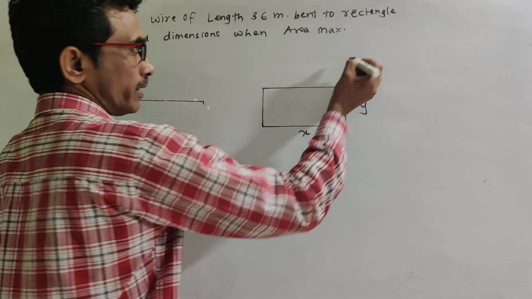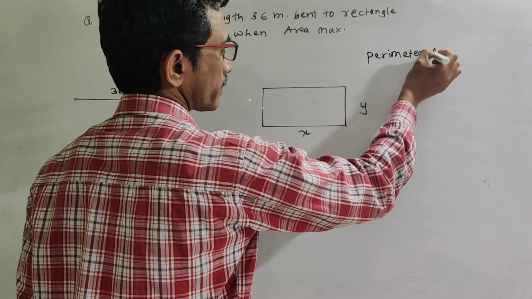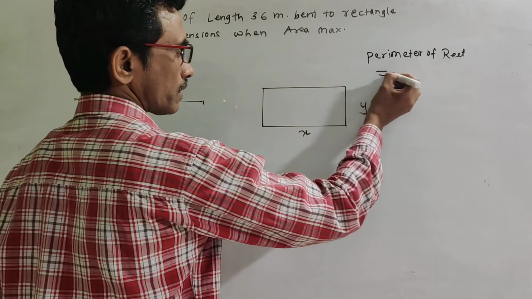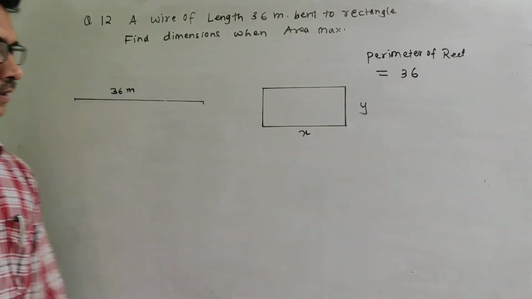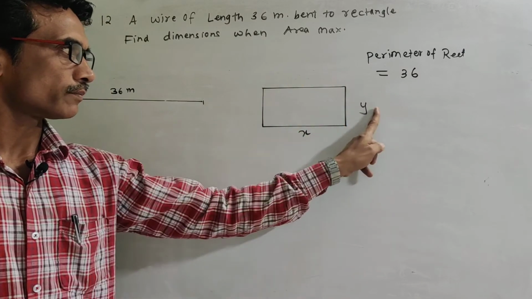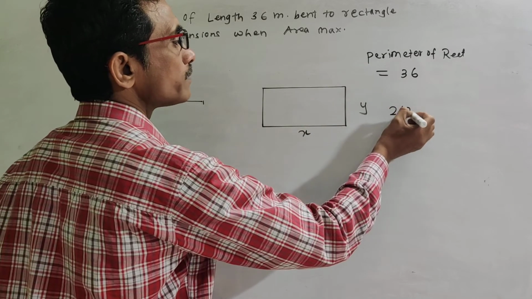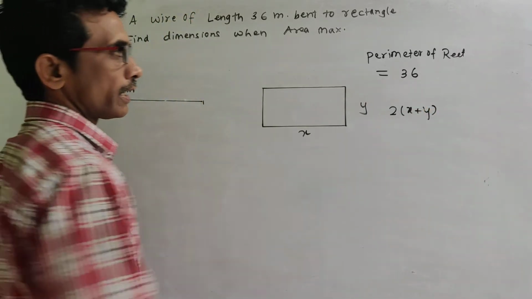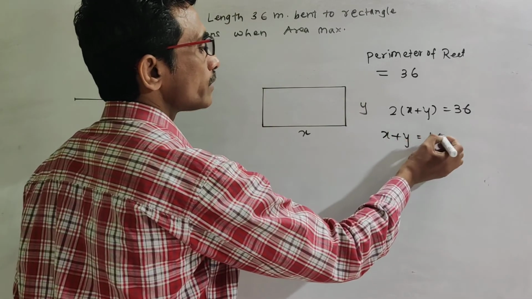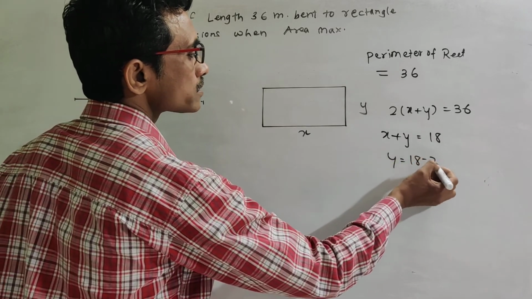Suppose we took the length of the rectangle as x and breadth as y. Then the perimeter will be 2 times (x plus y), which is equal to 36. Therefore x plus y is equal to 18. We can bring in one variable: y is equal to 18 minus x.